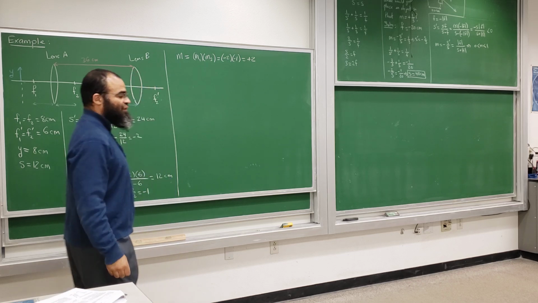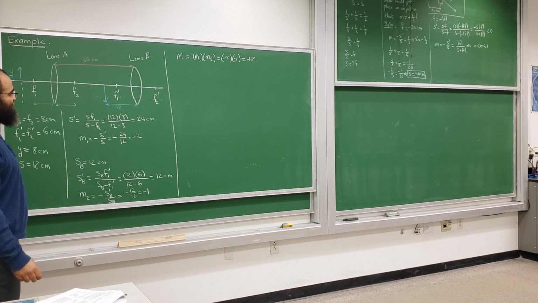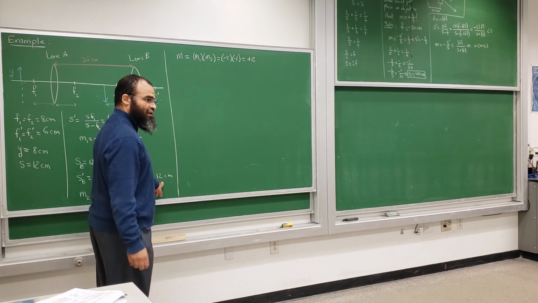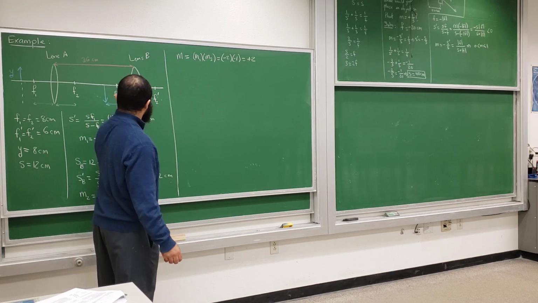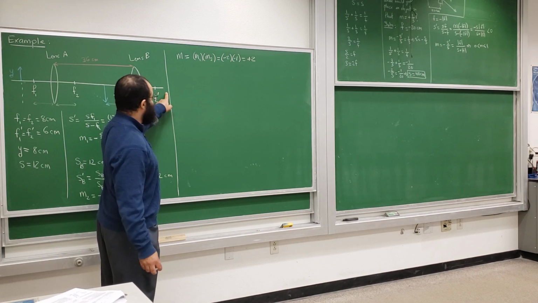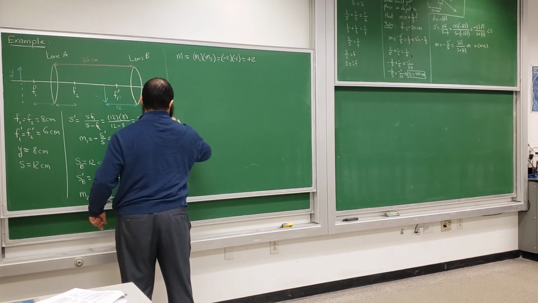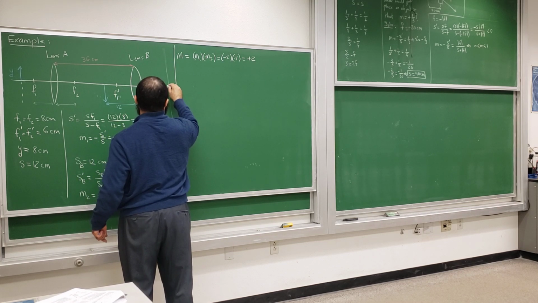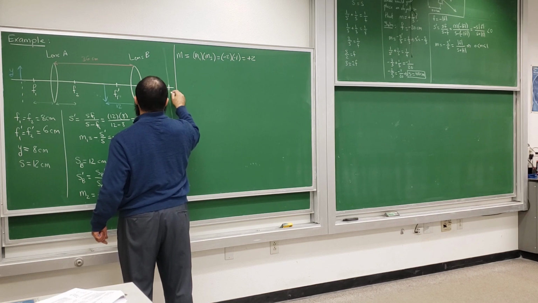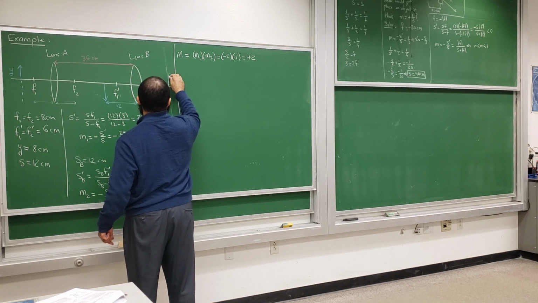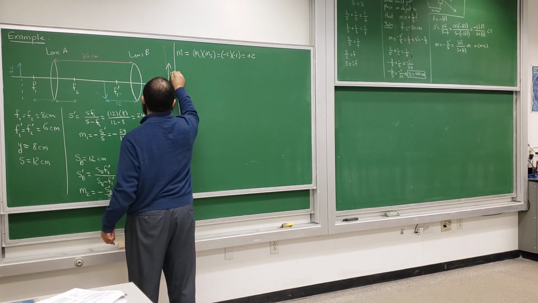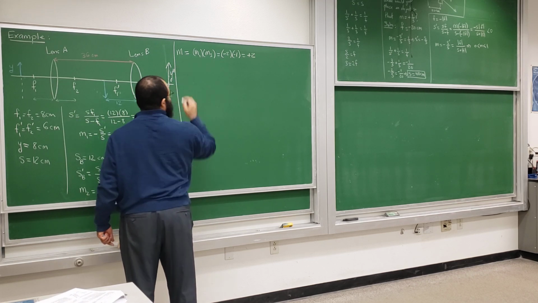Now, where would the final position of the image be? Well, we said it would be at 12. Where is 12? It would be 12 centimeters this way. So the final image is going to be here, and it's going to be upright, but twice the size. Let me call it double prime.